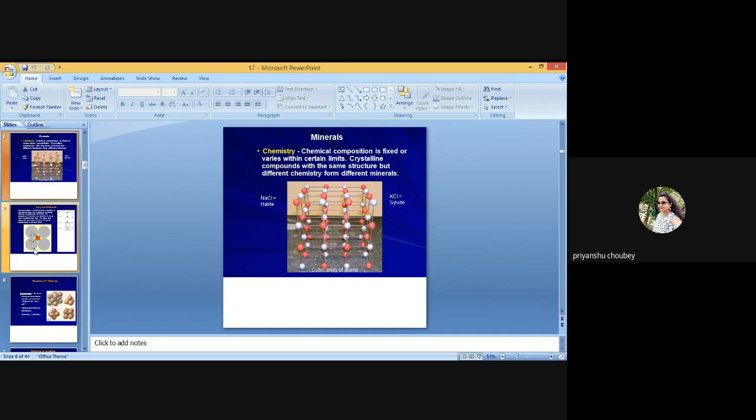Axis of symmetry: when, during the course of rotation about an axis, a geometric figure repeats its appearance two or more times in one complete rotation, this axis is called an axis of symmetry. If it is repeated four times in a rotation of 360 degrees, it is said to have a four-fold axis of symmetry.